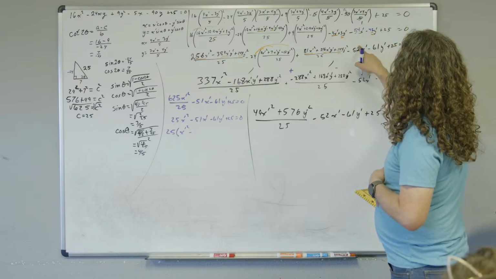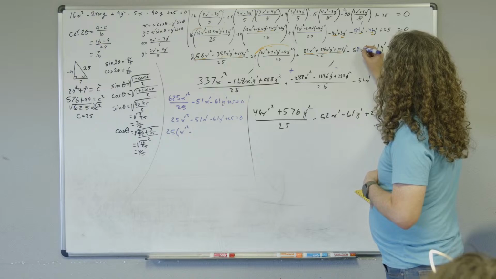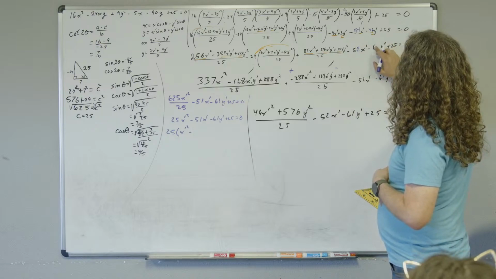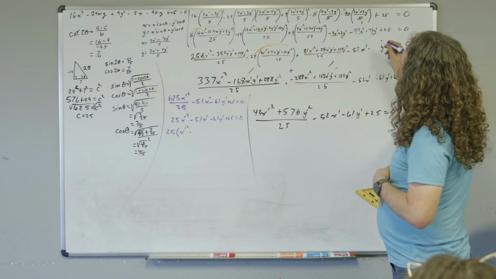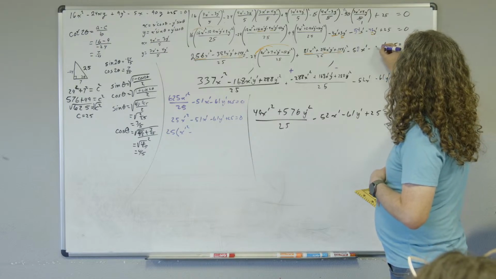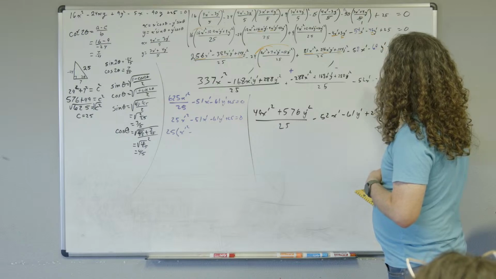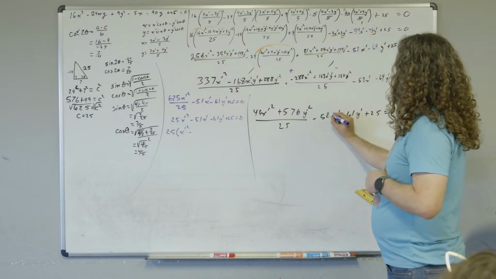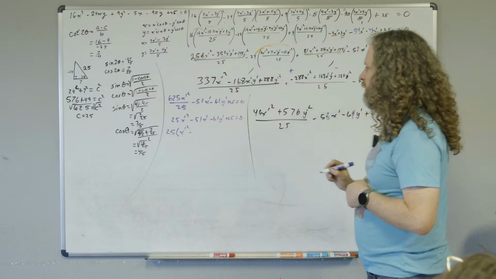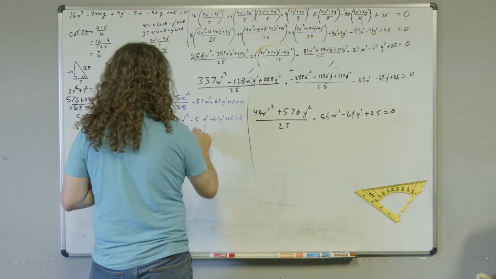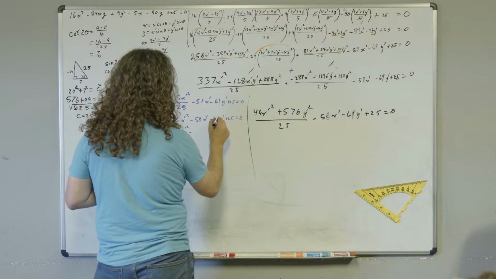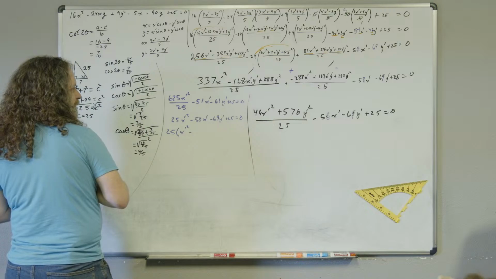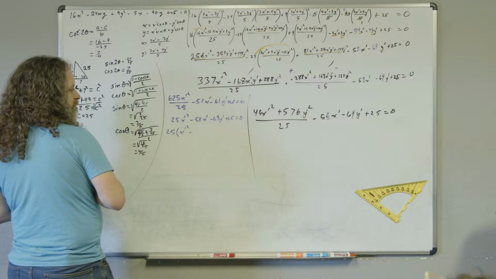And then this would be negative 58, and this would be negative 69, right? Yes, 58 and 69. Still ugly. We'll see what happens.